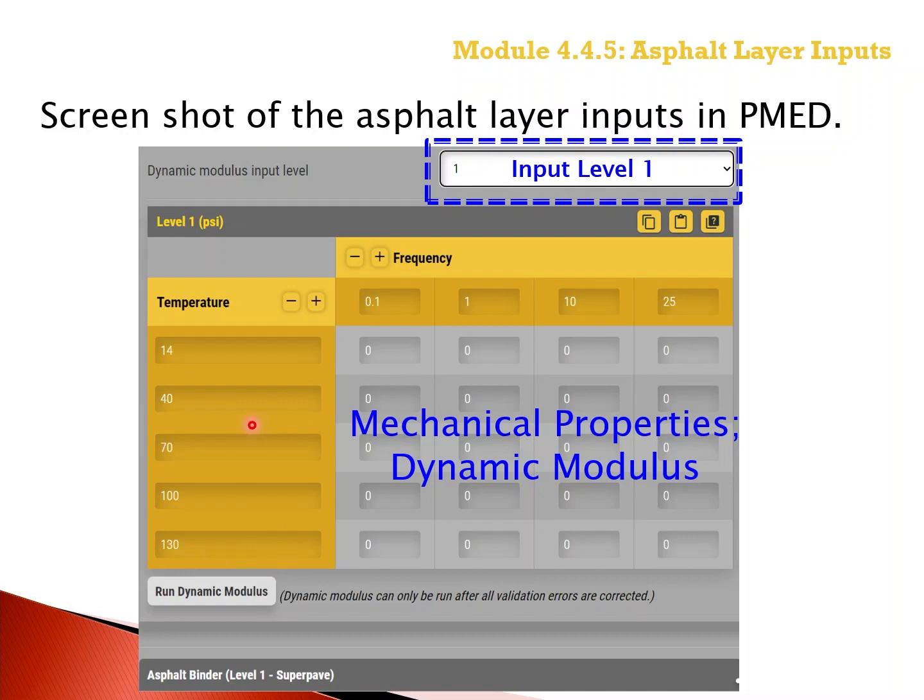This screenshot is for dynamic modulus input level 1. The inputs required for dynamic modulus input level 1 include the measured dynamic modulus.